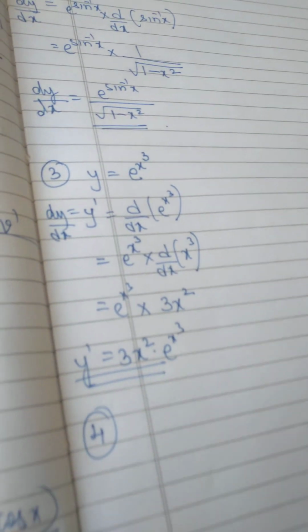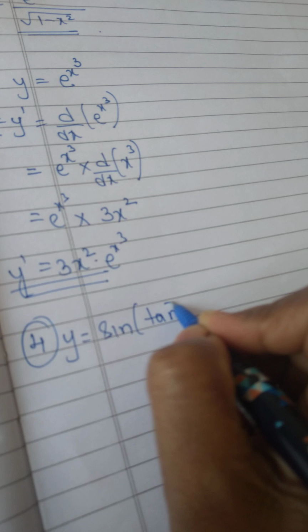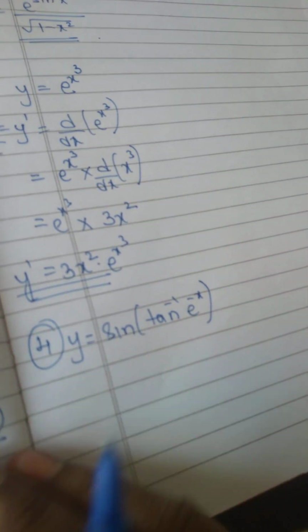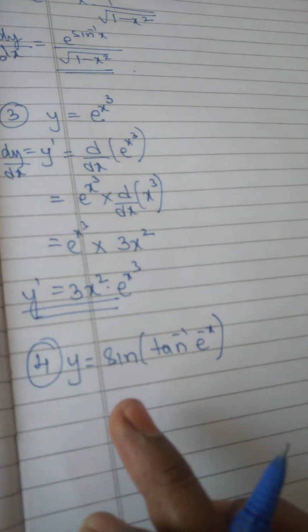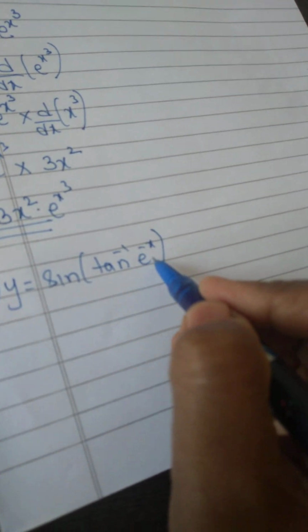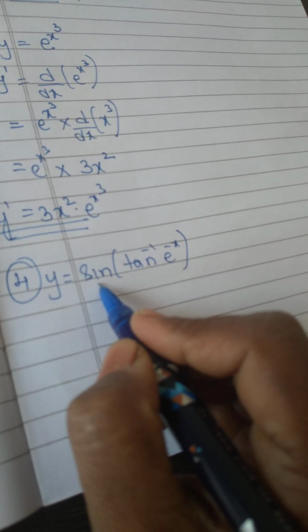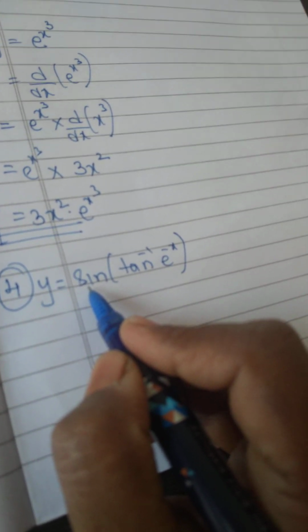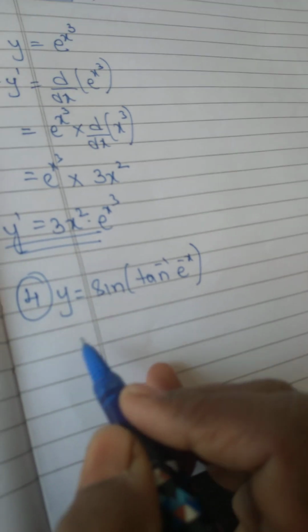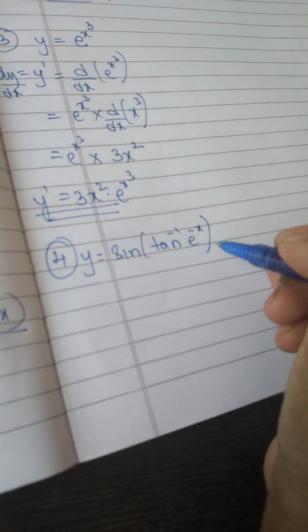Fourth problem, it says y is equal to sine of tan inverse e to the power x. Carefully look into this. It has three functions now: sine, tan inverse and e power. First I will differentiate and get the differentiation of sine. Differentiation of sine is cos, differentiation of tan inverse, and then differentiation of e power x.